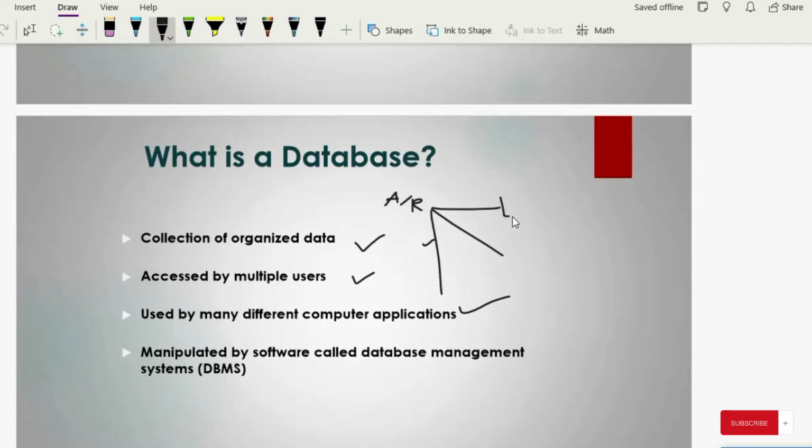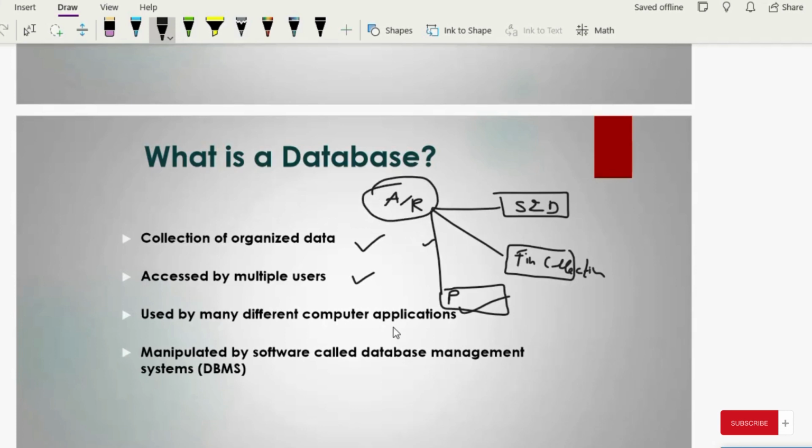One person will be using it in sales and distribution. The other person will be using it in the finance department, dealing with the collection of receivables. Another department could be using it for the performance measurement of the sales personnel, whether they performed according to the targets or not. So one piece of data is used in multiple locations, in multiple computer applications.